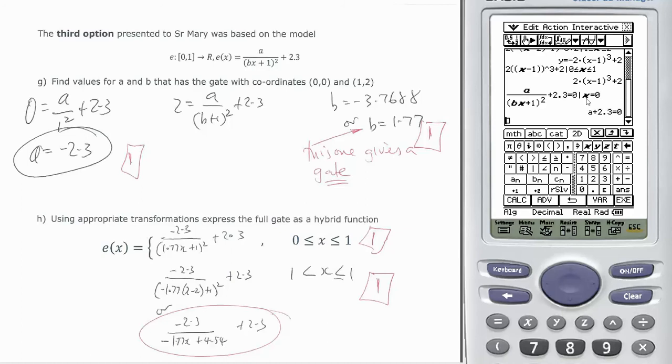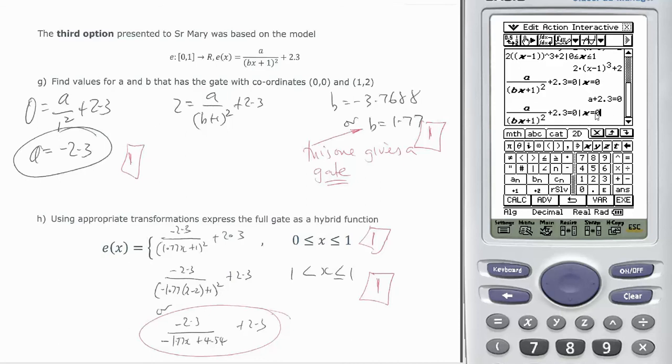And when I press execute, that gives me one equation: a plus 2.3 equals 0, therefore a equals negative 2.3. And the second equation is when x equals 1, that's going to equal 2. And that gives me my second equation, and that's the equation there.